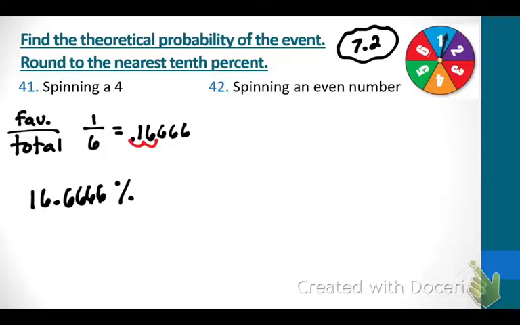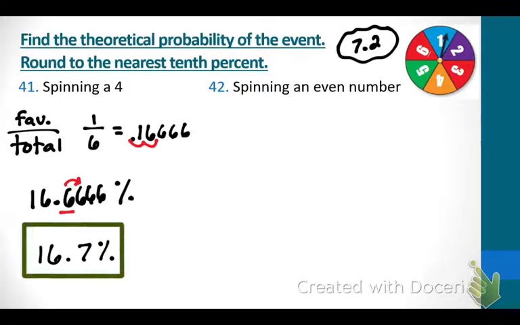The tenths place. Remember, the tenths place is this number directly after the decimal point. He asks his neighbor, hey, are you 5 or bigger? What's that 6 say? Yes. So what happens to the number I underlined? It goes up 1. So the correct answer is 16.7%. How many of you got that one correct?